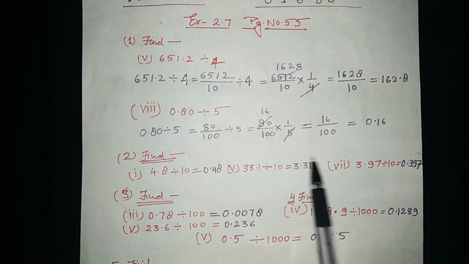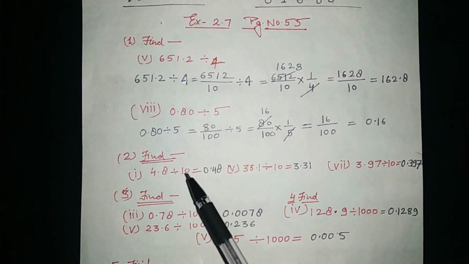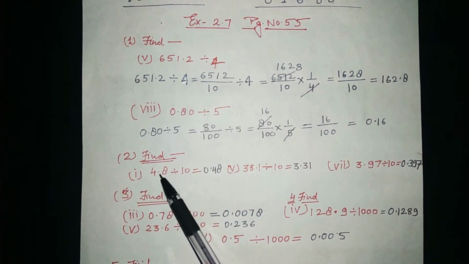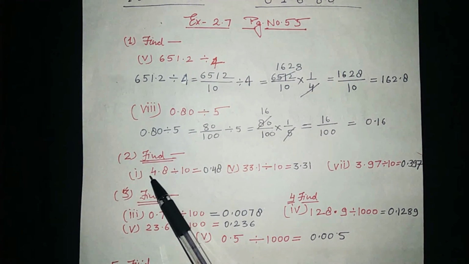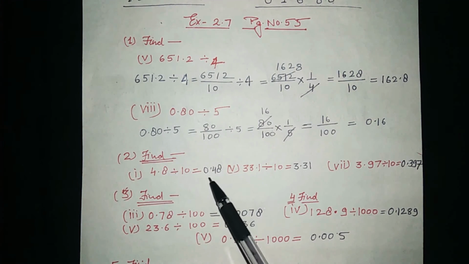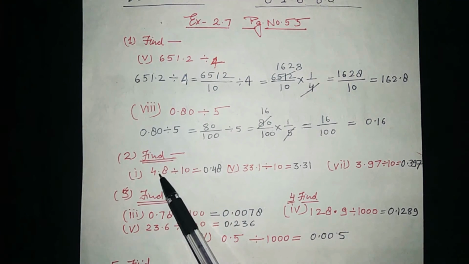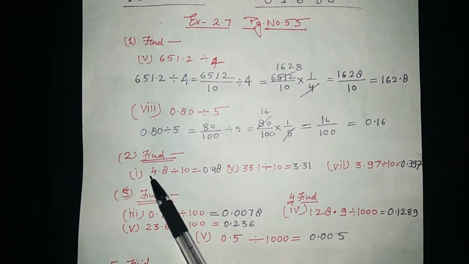So the same thing we will do for these 3 parts. Here 4.8 divided by 10. Now we will shift the decimal left side by 1 place. So the answer will be 0.48 because we have shifted the decimal like this.